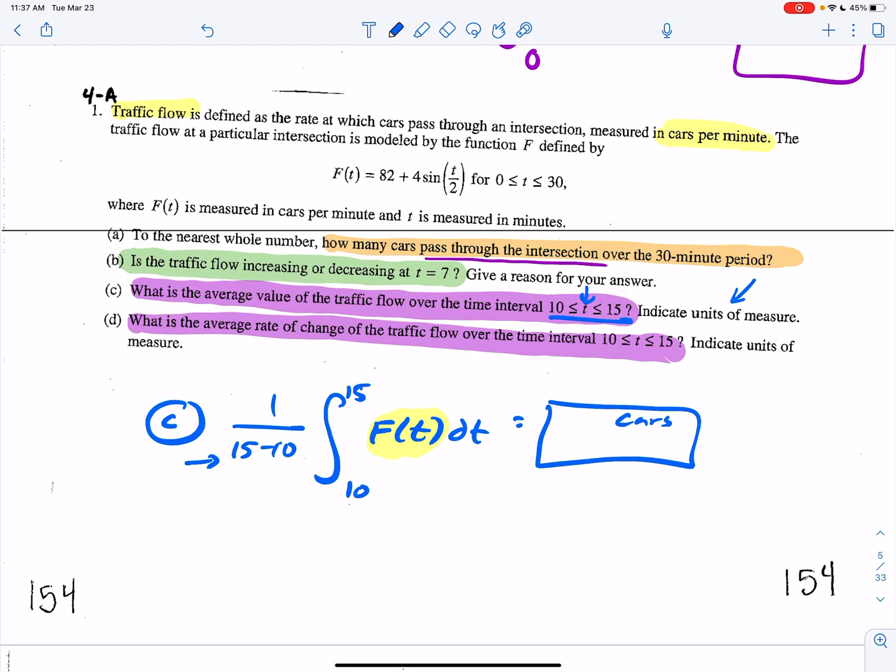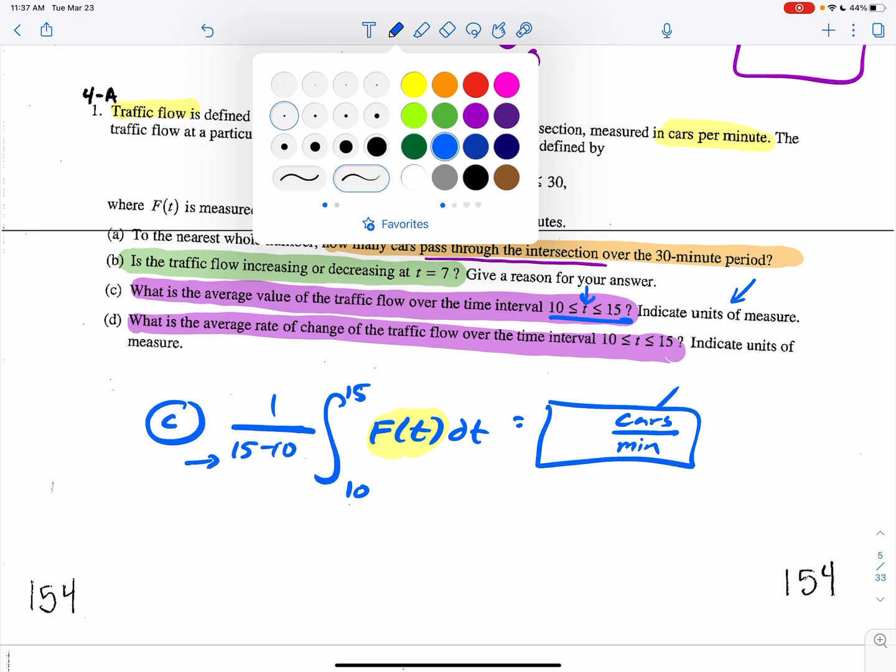So in this case, it's minutes. So we're dividing by minutes. It becomes a rate again. So average value stays the same. So it's going to be something cars per minute. Even if you didn't know how to do average value, you should have been able to figure out the units of measure. Okay? We'll take a look at the scoring guidelines after, okay?